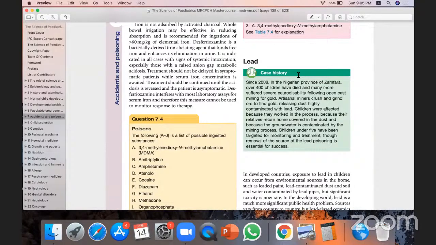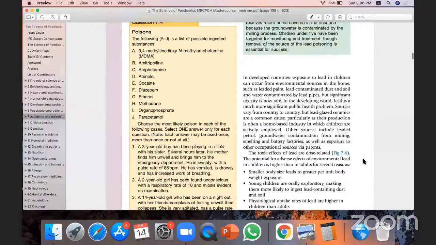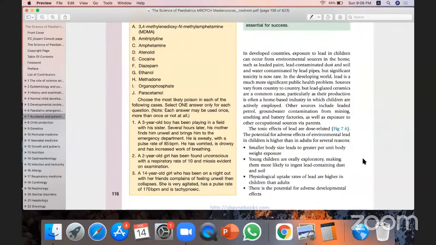This lead sometimes contaminates groundwater, and that's why children have a high chance of lead poisoning. Lead poisoning causes acute and chronic effects. Chronic effects are developmental delay, cognitive impairment, and learning disability.